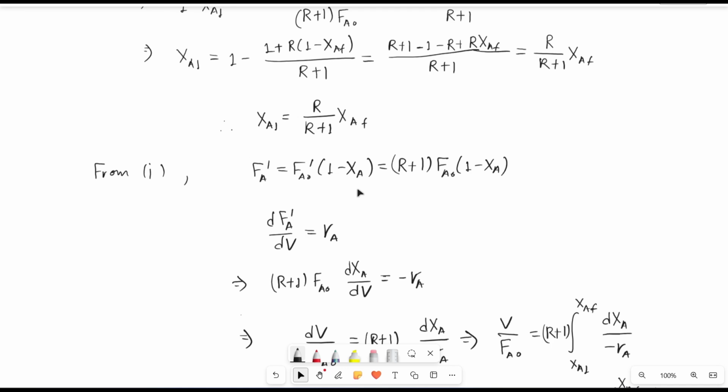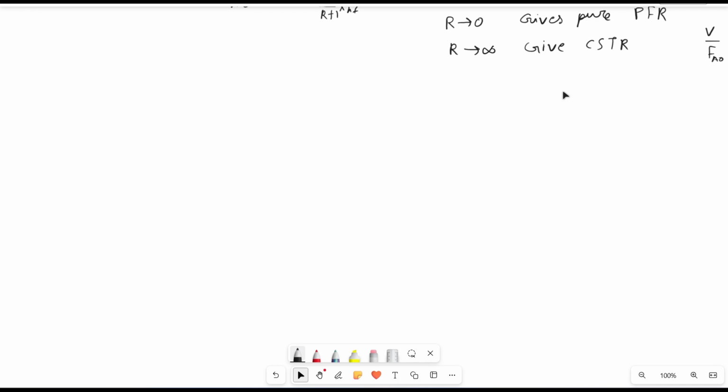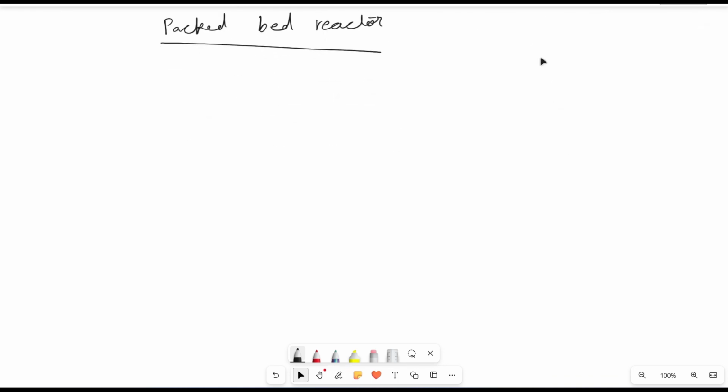Now we will talk about another type of reactor called packed bed reactor. Packed bed reactors are used mostly for gas phase reactions in industry.